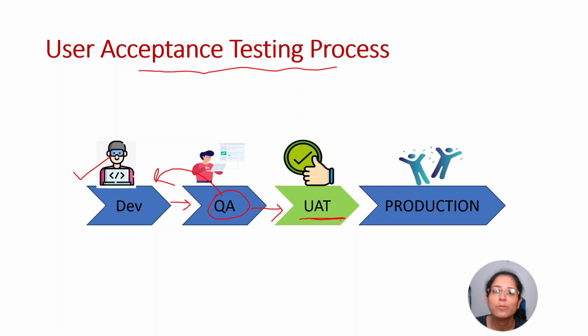The application should be able to handle all the end-to-end business flows and real-time scenarios. Once UAT is completely successful, that build will finally move to the production environment, and the application will be released to the market for end user use.